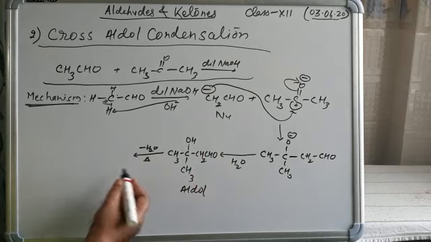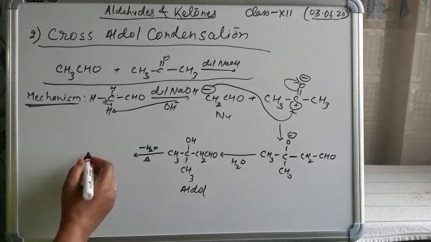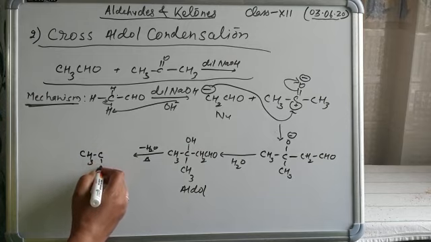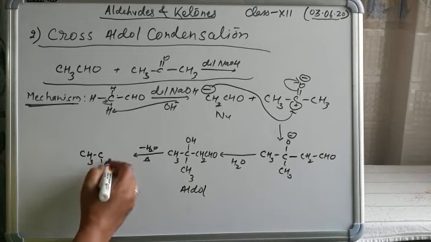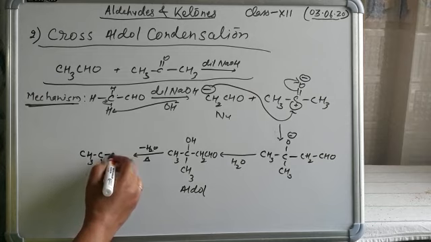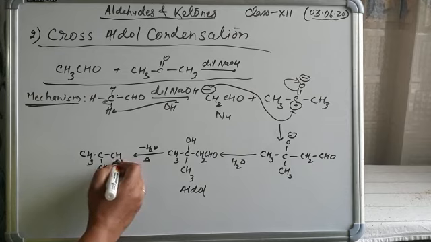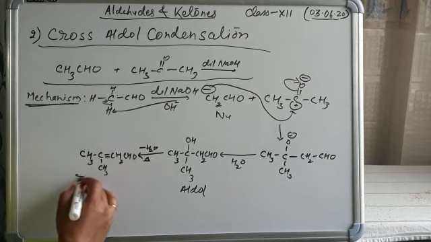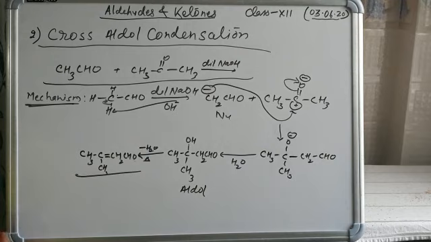So alpha beta unsaturation takes place and the formation of CH3 CH2 double bond CH2. So alpha beta unsaturation takes place and the formation of this compound takes place.